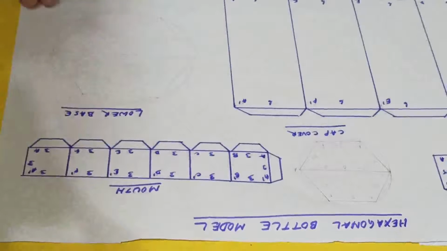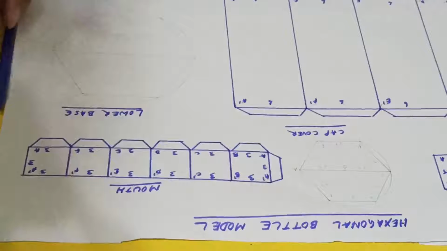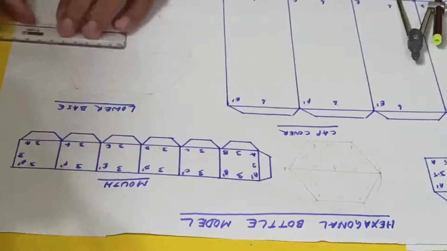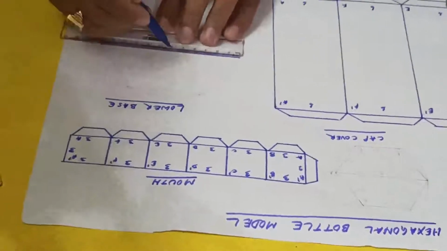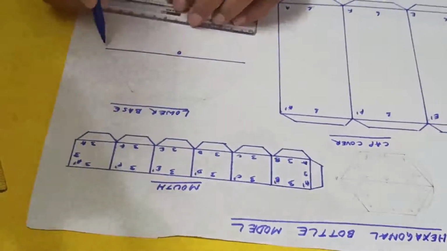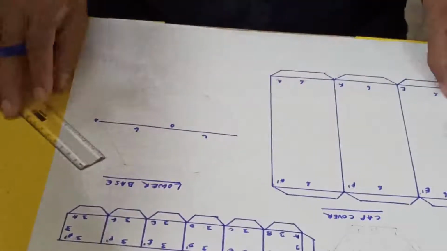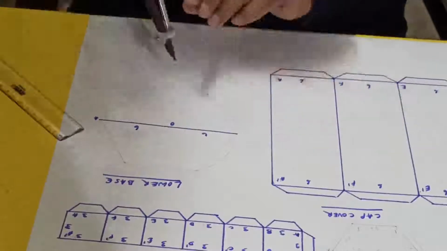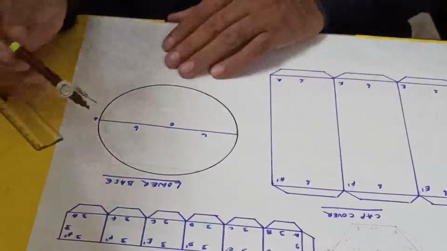Now the lower base and upper base. The lower base is 6 centimeter, so OA, this one I have taken, diameter 12 centimeter, and this one O to A is 6 centimeter. Okay, so I have to draw, taking the side as 6 centimeter.